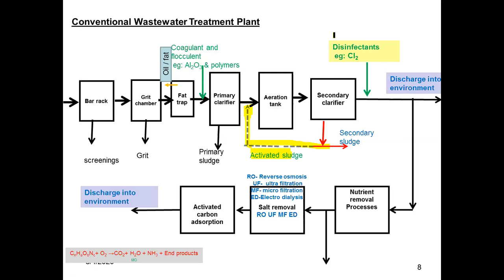Then we add disinfectant. After that we can discharge water into the environment. If there are nutrients, then we have to process them through nutrient removal processes. We will learn these things in our future lectures. Then, if not, we have to remove salt by reverse osmosis, ultrafiltration, microfiltration and electrodialysis methods.